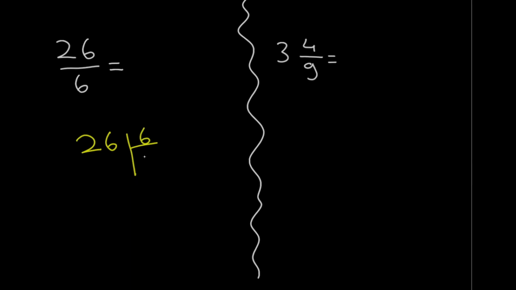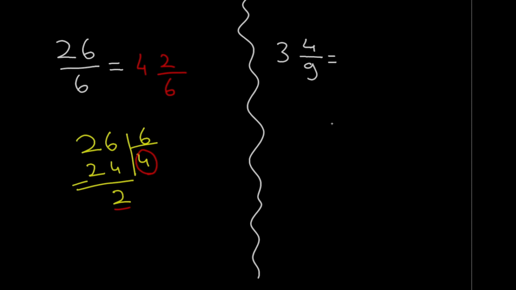We have 6 times 4 is 24, and we have a remainder of 2. So 4 whole 6's inside 26, so we write that, and we have a remainder of 2. We write that on the numerator, and the denominator will be the same, over 6.